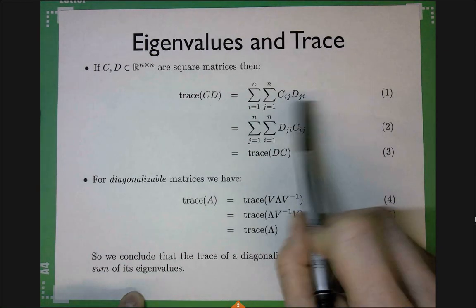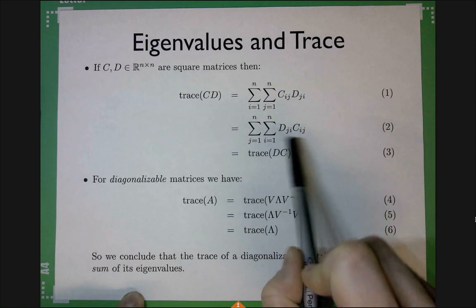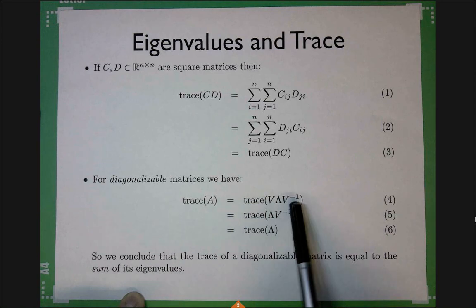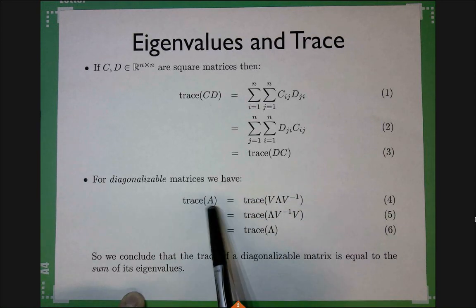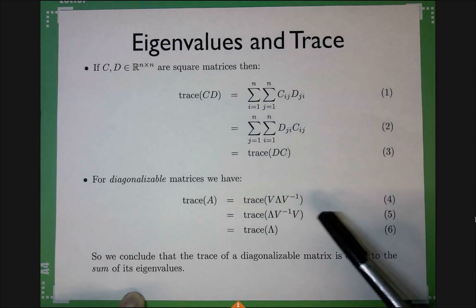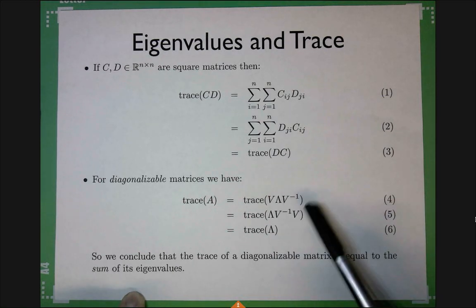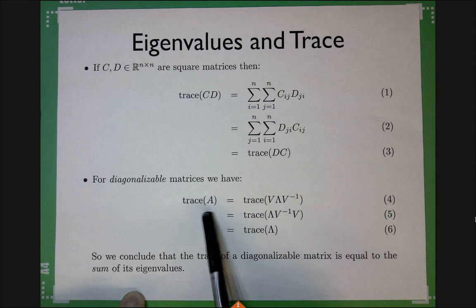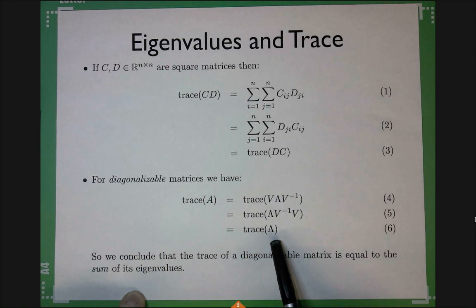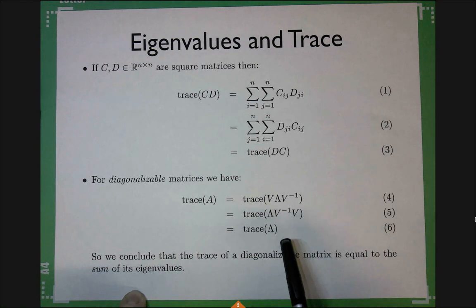That follows directly from the definition just by shuffling the sums and the indices. And if I have a diagonalizable matrix, so I can write A as V lambda V inverse, then I can apply this property. Because V inverse V is identity, I see that trace A is exactly the trace of the diagonal matrix of eigenvalues, which is nothing but the sum of the eigenvalues.